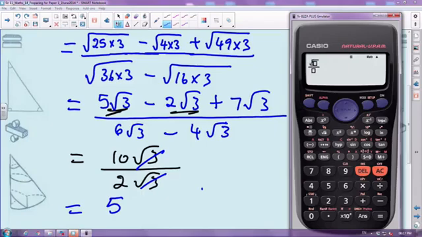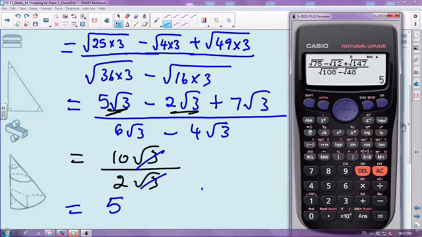That's root 75, minus root 12 plus square root 147, and then root 108, and then minus square root of 48.